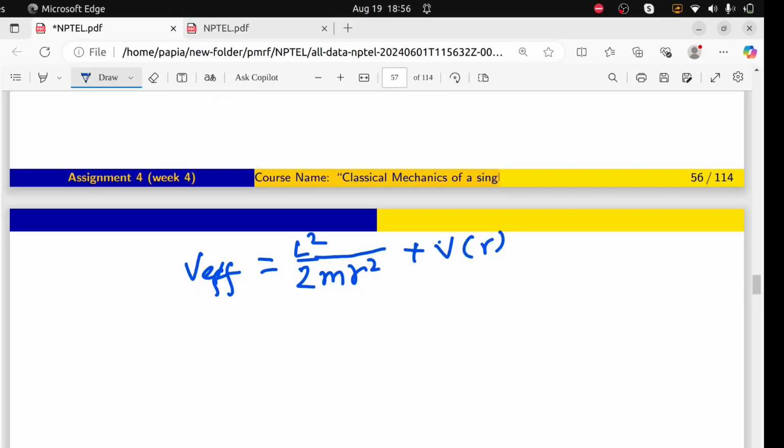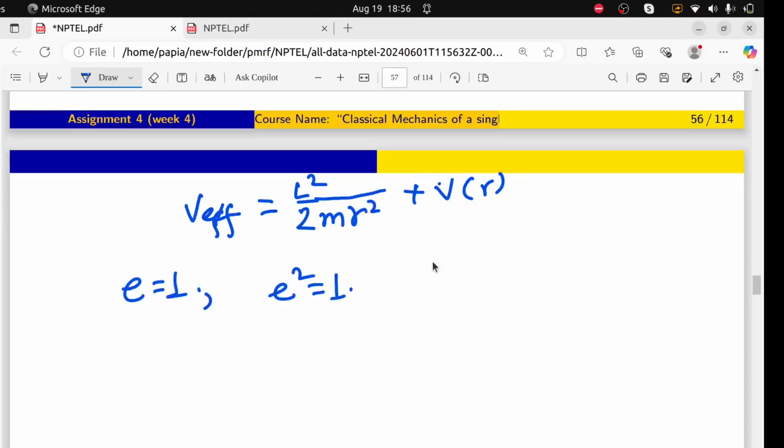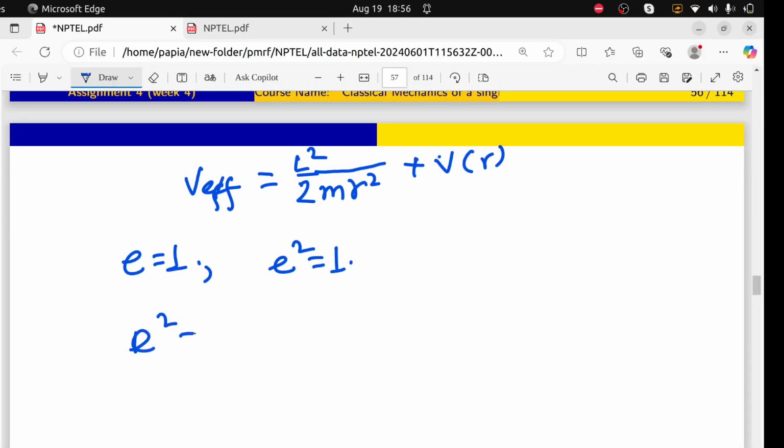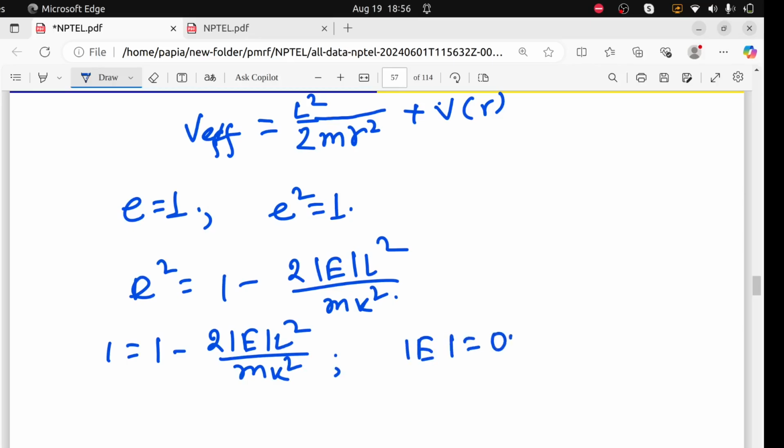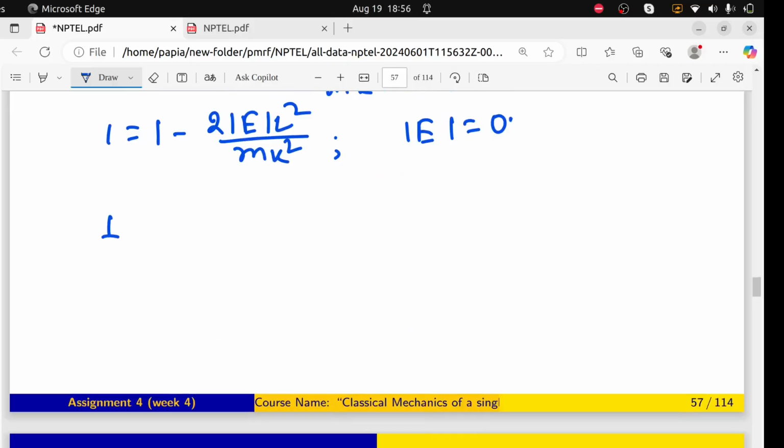And as e equals 1, that means e square will also be 1, and we have the e square expression as 1 minus 2 mod E L square by m k square. So if I write e square equals 1, that means our mod E will be 0. If mod E is 0, I will have half m r dot square plus V effective equals 0.